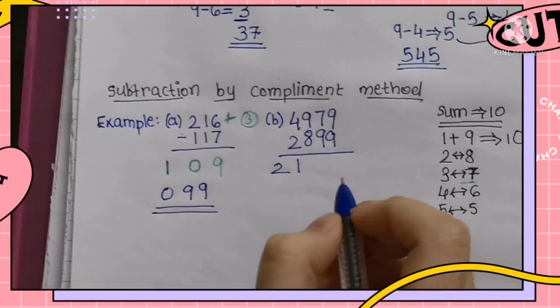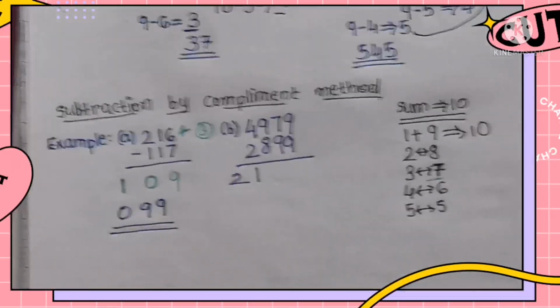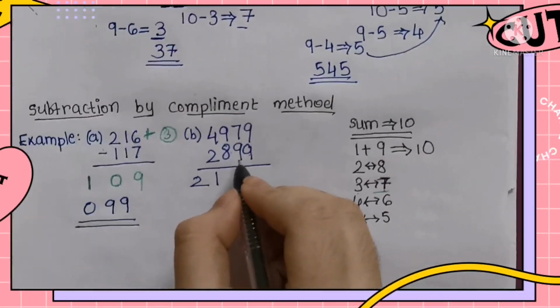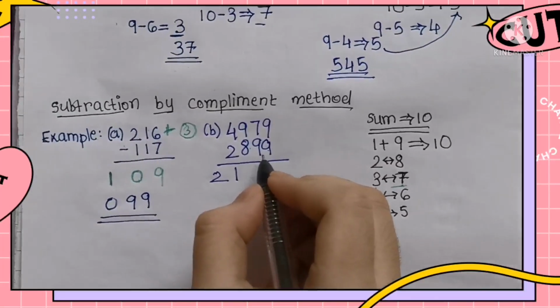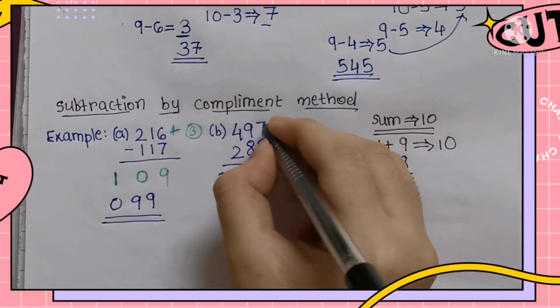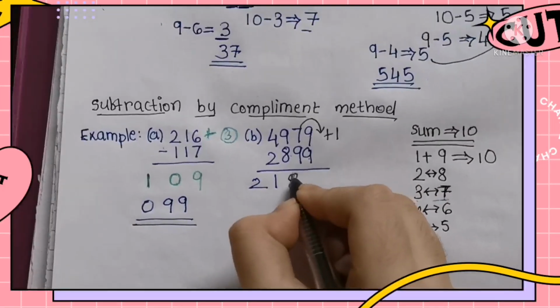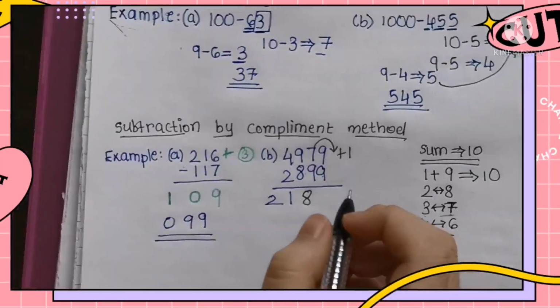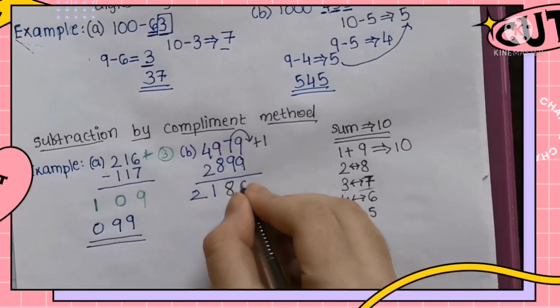Moving to the tens place, 7 minus 9 is not possible, so we will use the complement method. 9's complement is 1, so we add 7 with 1, that is 8. We write 8 as the answer. Then let's move to the units place. 9 minus 9 is 0.